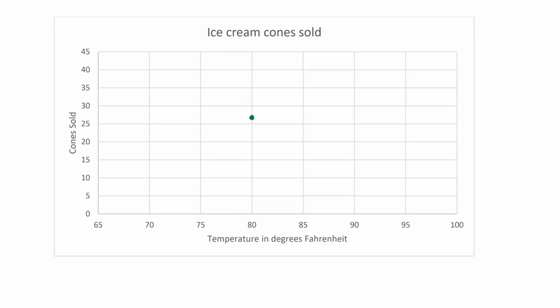Second one, 72, 25. So 72 would be right about here somewhere. Again, this doesn't need to be an exact thing. We just want to get an idea for how the graph looks. So 72, 25. We got a dot right about there.